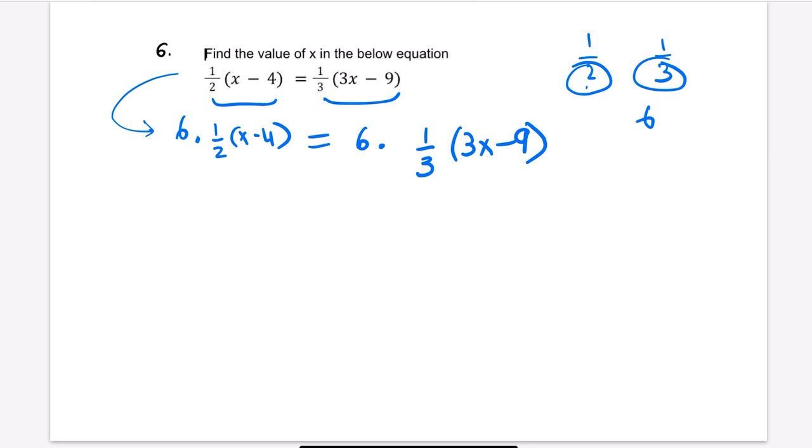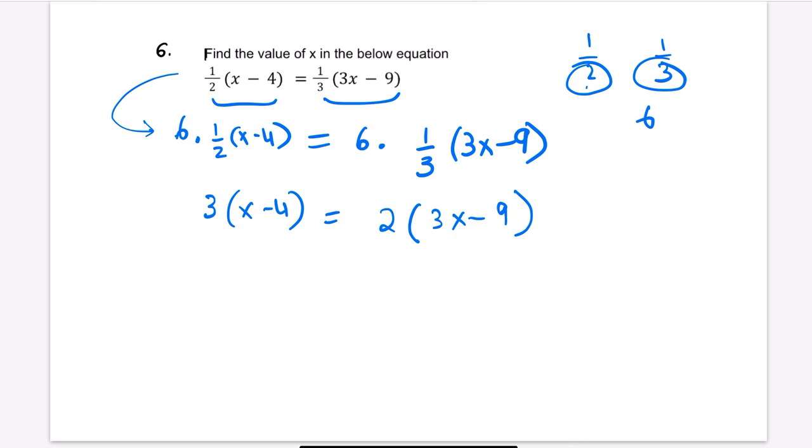Okay, so now 6 over 2 on the left side, I am left with 6 divided by 2, which is 3 times x minus 4, is equal to, on the right side I am left with 6 divided by 3, which is 2 times 3x minus 9. Okay, and now we have to use the distributive property.